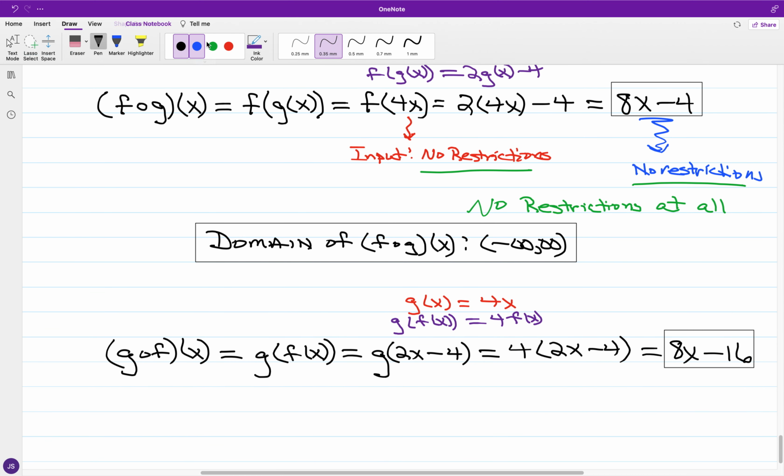And once again, with the input, you have no restrictions. With the final result, once again, we have no restrictions.